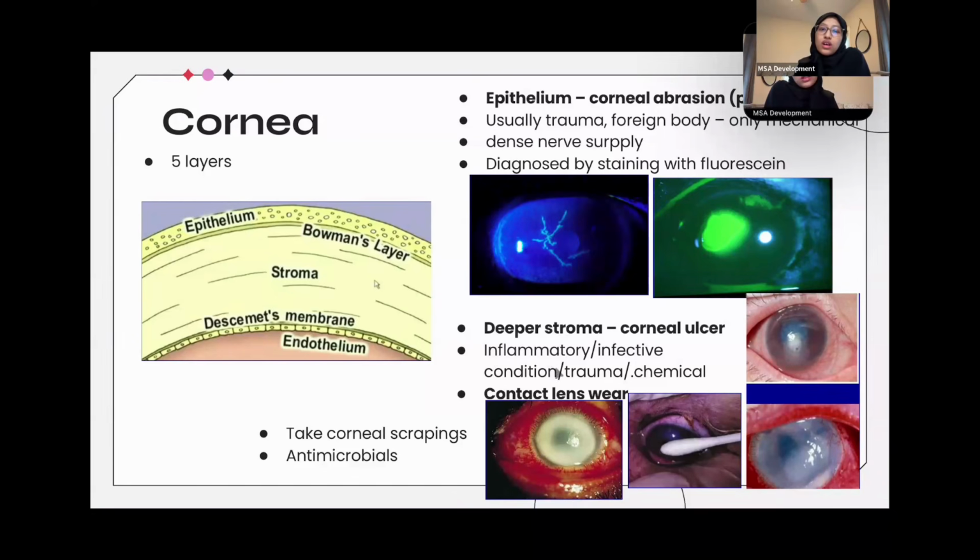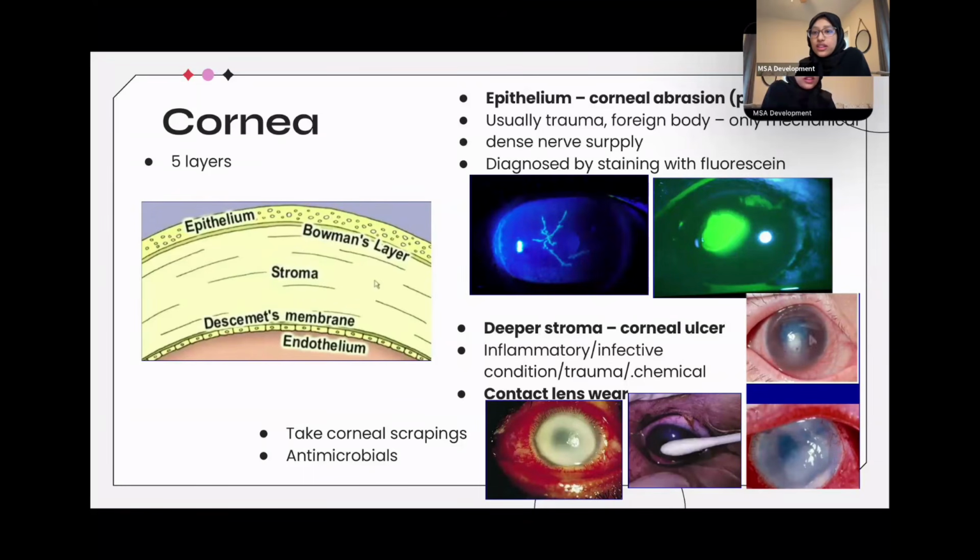You want to rule other things out, such as infective conditions, inflammatory, trauma, chemical injury, okay? An important association with corneal ulcer is long-term contact lens wearing. So sometimes if someone is not taking care of their contact lenses, if they are there for a long time, not washing, not having good hygiene, it will cause irritation over a long period of time in the deep layers.